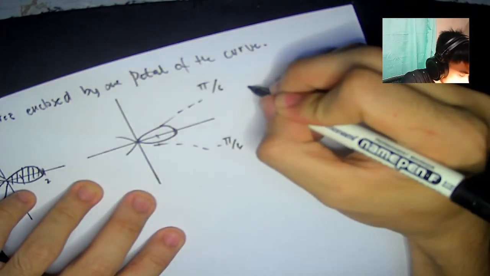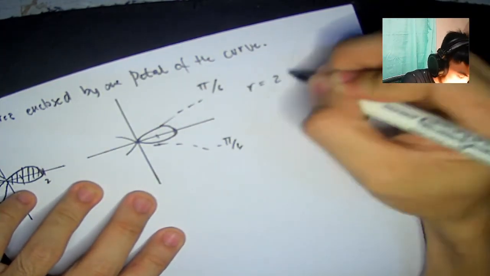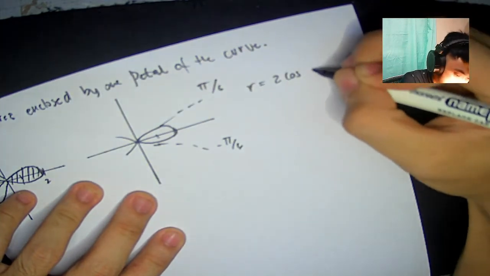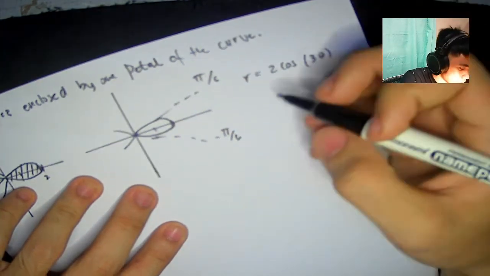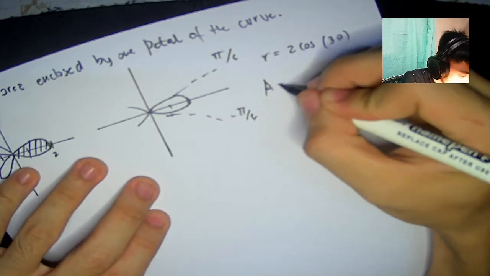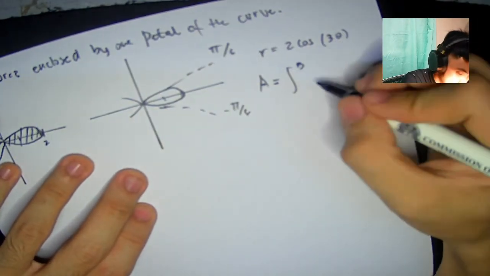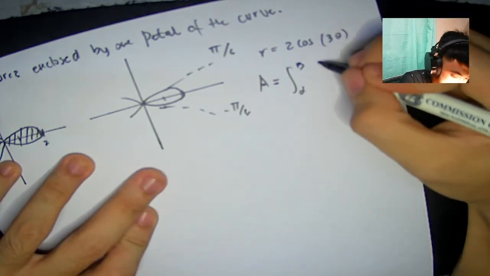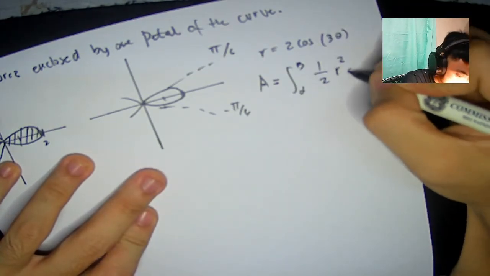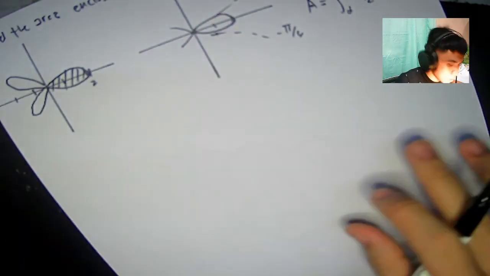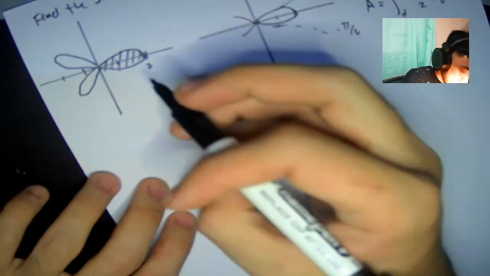So radius is 2 cosine 3 theta, and A is equal to the integral of 1/2 r squared d theta. So let's solve the area.